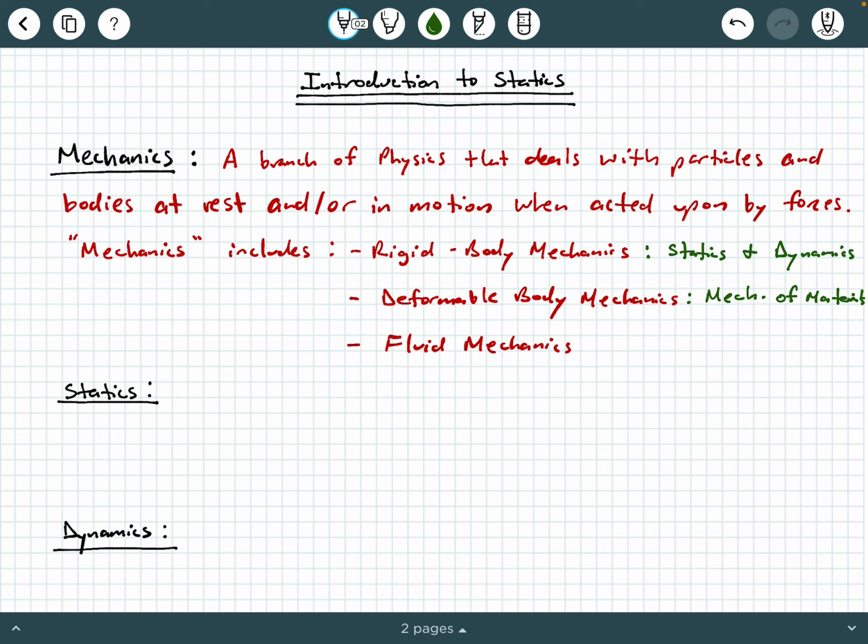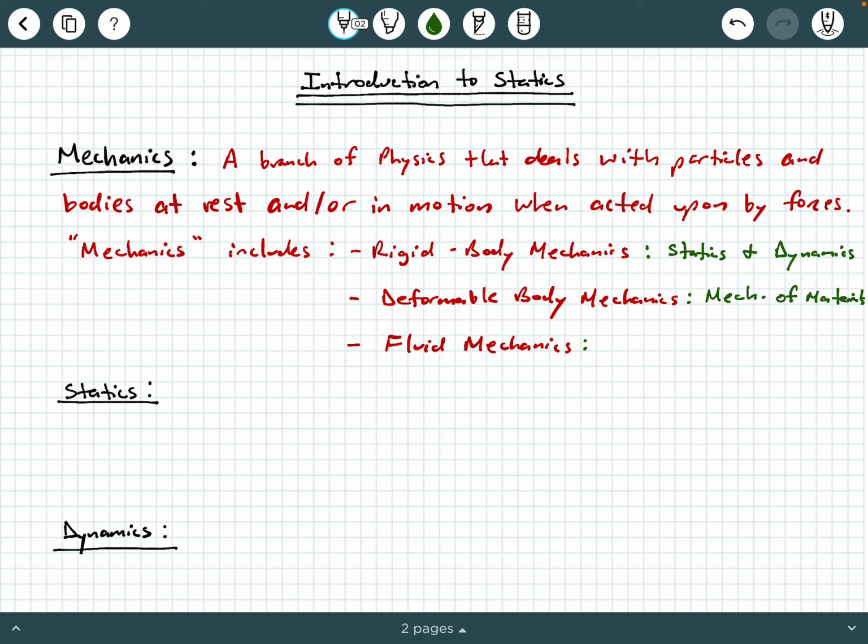Sometimes you take a course called Mechanics of Materials, or you might call it Mechanics of Deformable Solids, or back in the old days, they would call that course Strength of Materials, but that falls under this category, deformable body mechanics. And then, of course, we have this kind of other subset of mechanics called fluid mechanics.